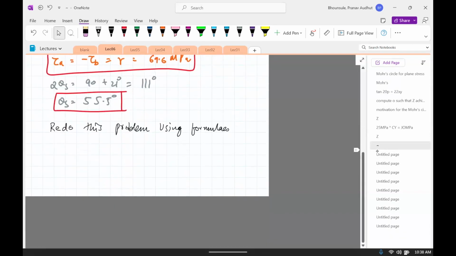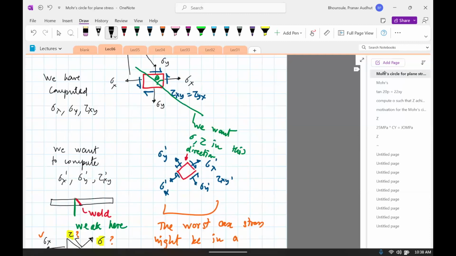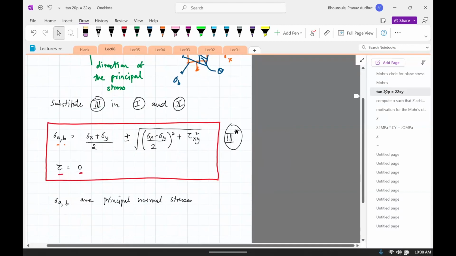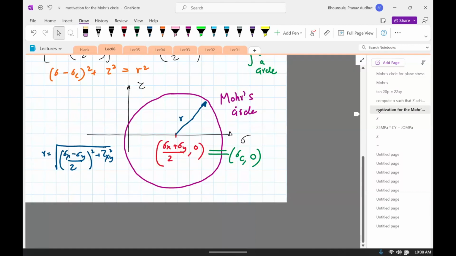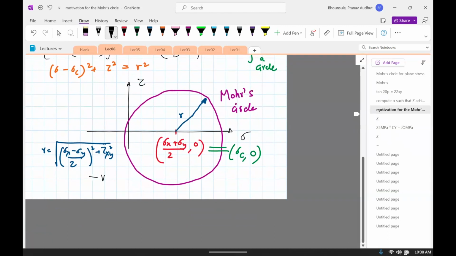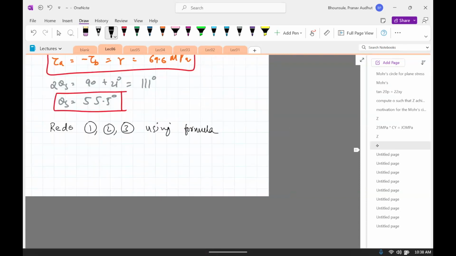So the question is redo 1, 2, 3 using formulas, and I think there's a formula for R. There's a formula for R, let me call that 5. And then this is 6. Okay, so redo this whole problem using formulas.